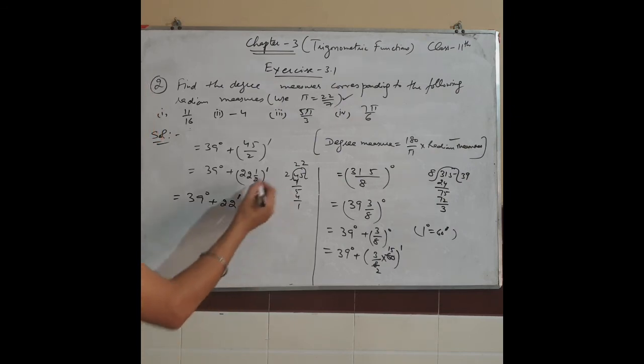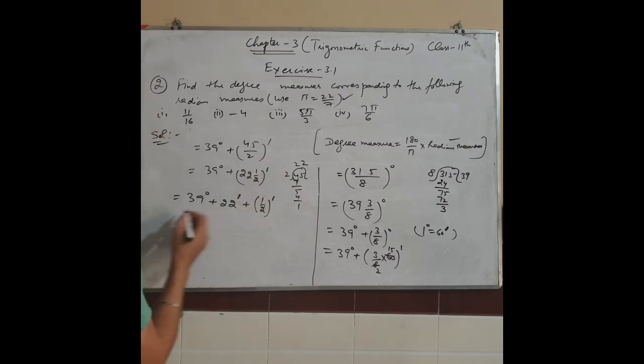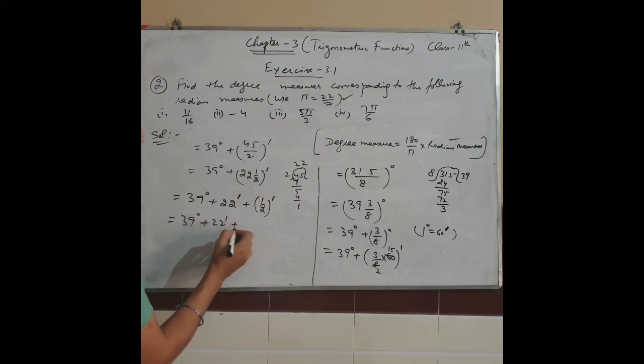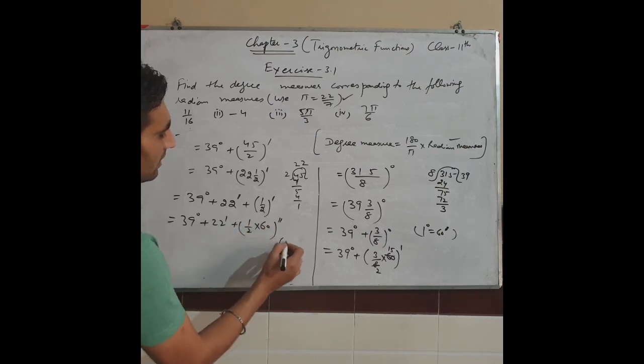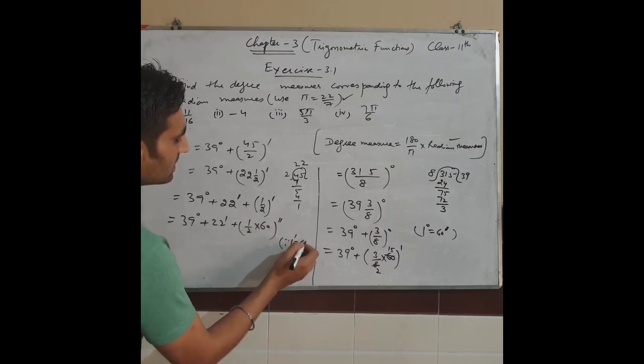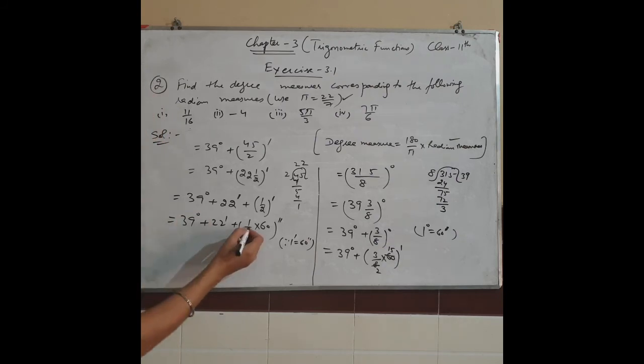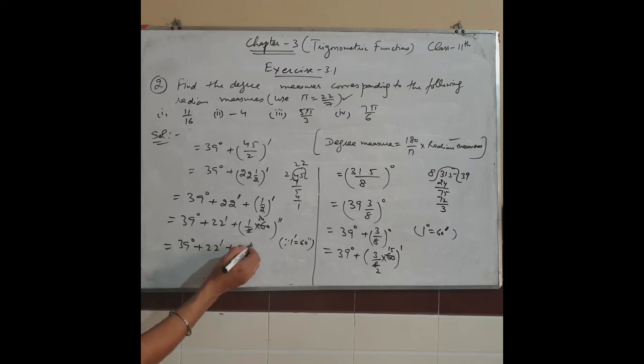Now we will convert this 1 over 2 minute into seconds. See how? 39 degrees plus 22 minutes plus 1 over 2 into 60 seconds, because 1 minute equals 60 seconds. Now this will give 30. So 39 degrees plus 22 minutes plus 30 seconds. And in the end you can mark it combined as 39 degrees, 22 minutes, 30 seconds.